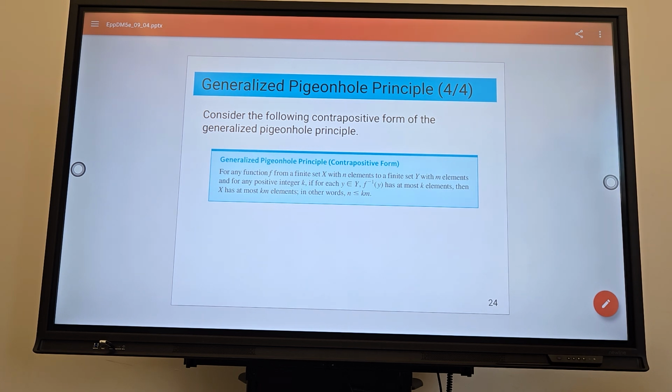For any function f from a finite set X with n elements to a finite set Y with m elements, and for any positive integer k, if for each element little y in big Y, the inverse of f of little y has at most k elements, then X has at most km elements. In other words, n is less than or equal to km.